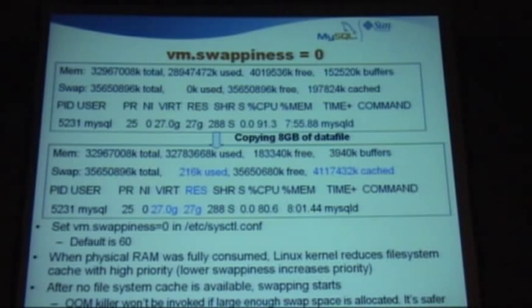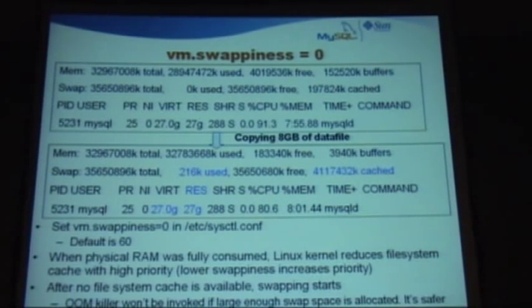So with swappiness 0, the Linux kernel always reduces file system cache before doing swap. Even though I copied 8 gigabytes of data files, almost no swap happened. All memory was residing in memory.